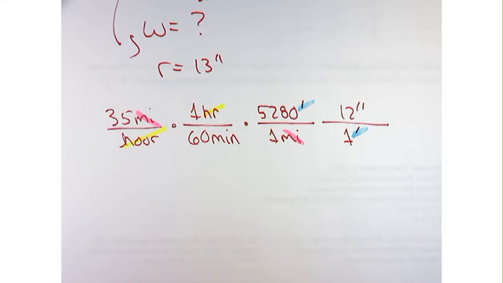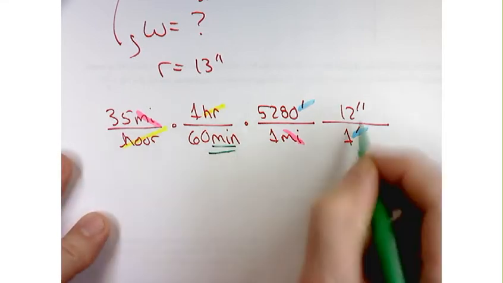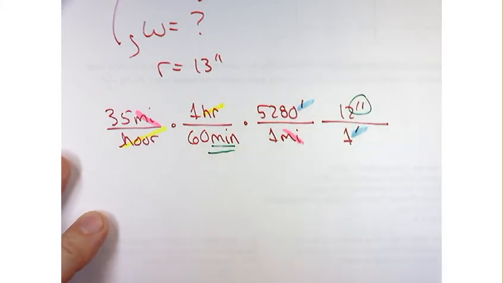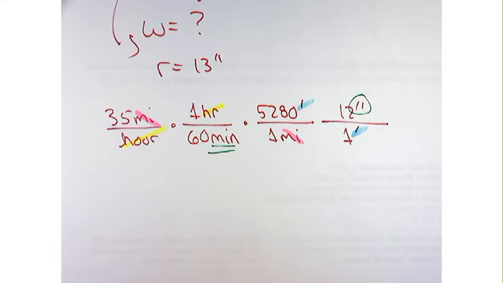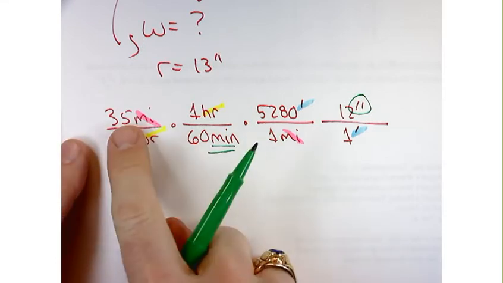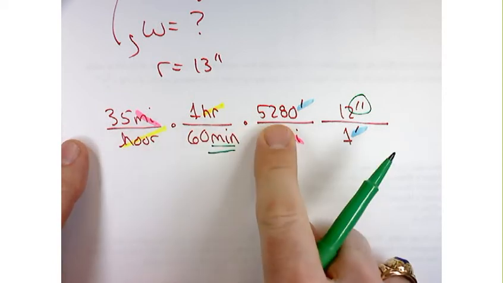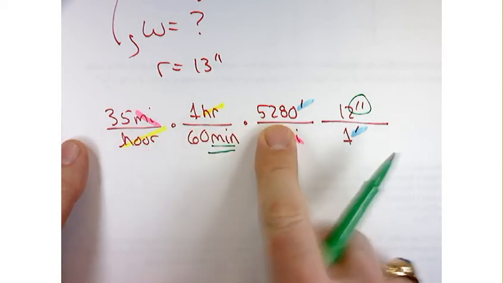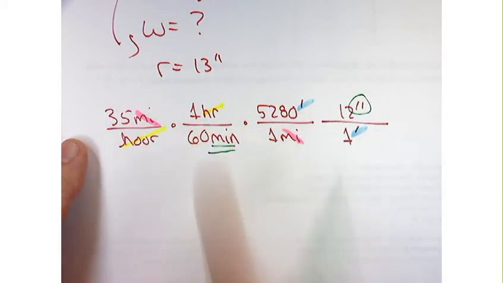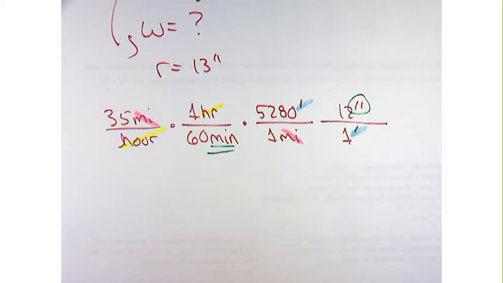We're going to be left with units of minutes and inches. So it's going to be kind of strange, but that's what we're going to be left with. So let's see what that's going to be. Eventually what I want to do is take 35 times 5,280 times 12 divided by 60. So we'll do all that on a calculator.